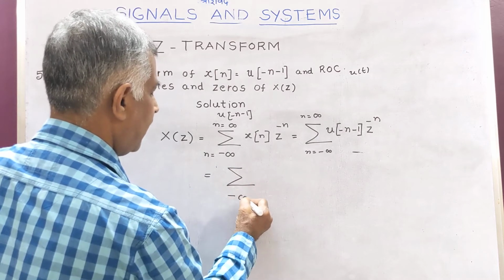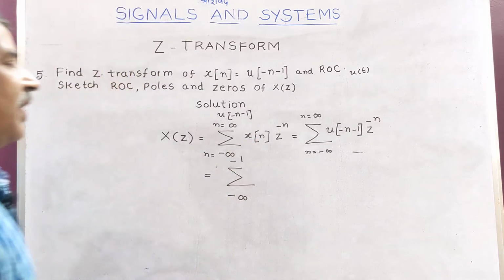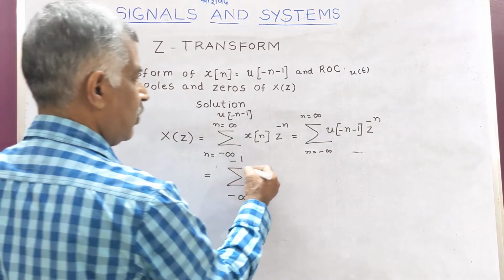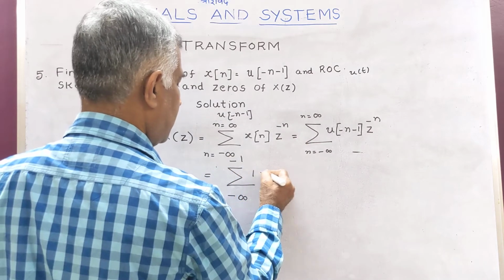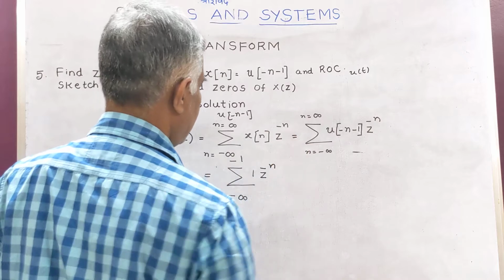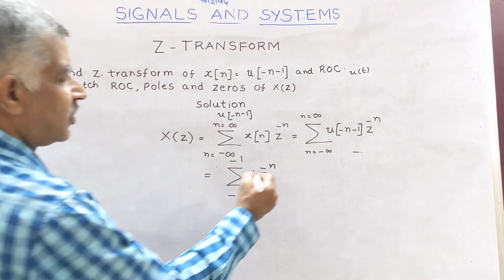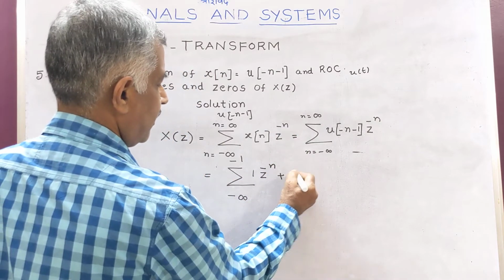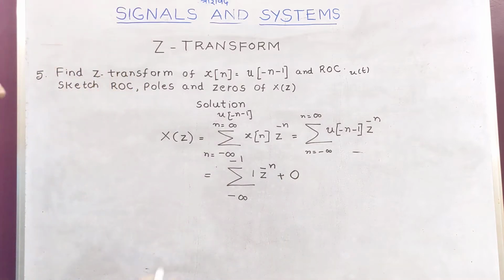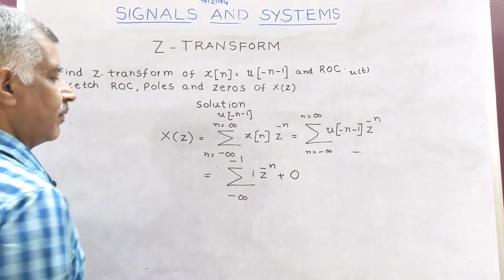From minus infinity to minus 1, its value is 1, so we have 1 times z to the power of minus n, and the rest of the terms are zeros.